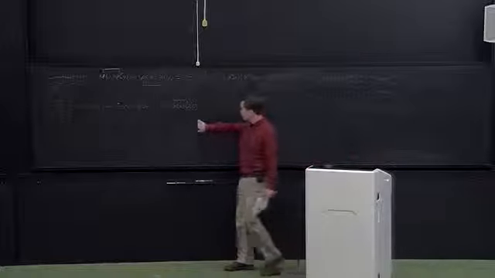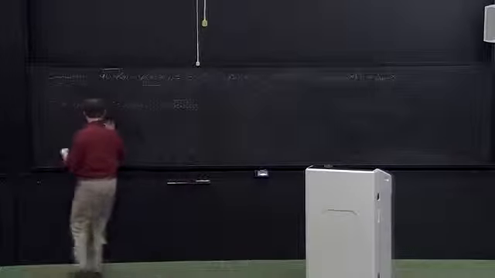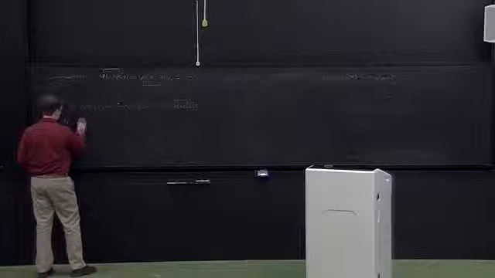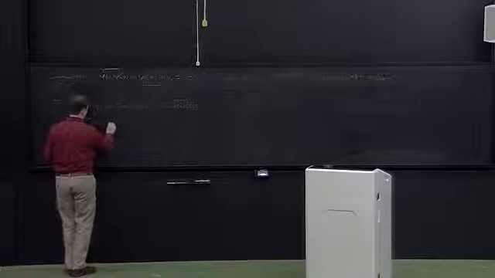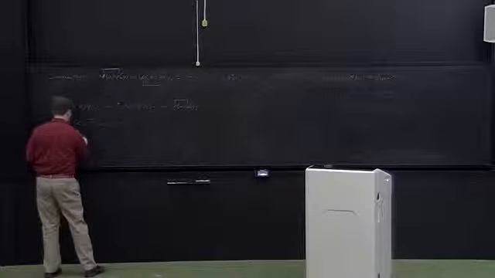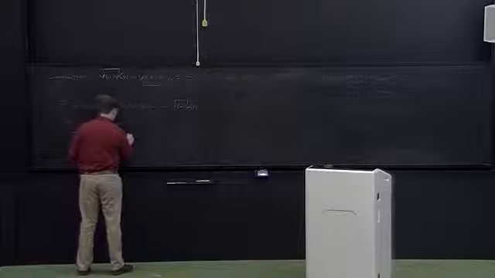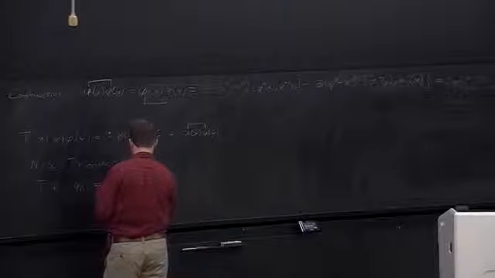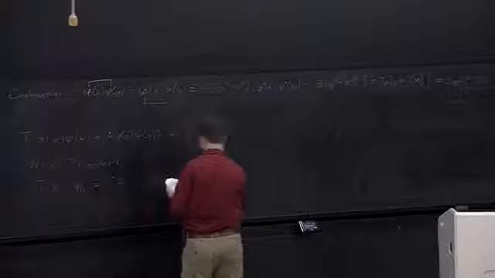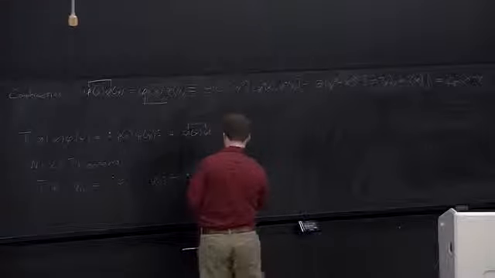So this is the simplest example of Wick's theorem. And Wick's theorem is just the generalization of this statement to any number of fields. So Wick's theorem says that the time-ordered product of n fields is the normal ordered product plus the normal ordered product of all possible contractions, including partial contractions.